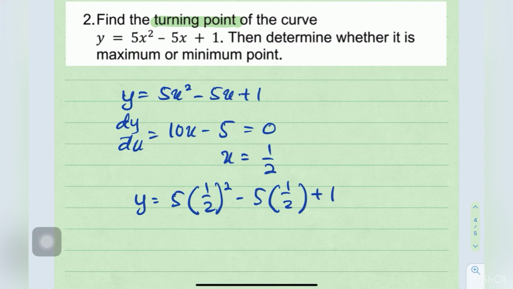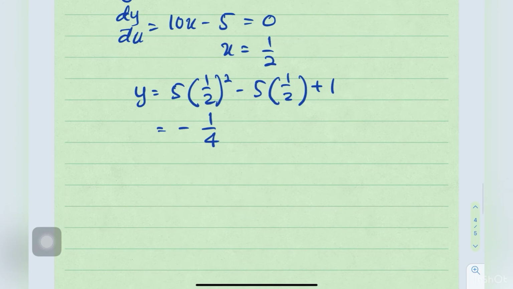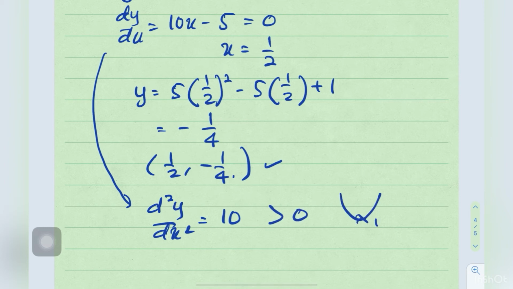The answer is negative 1/4. So the coordinate is (1/2, negative 1/4). To identify whether it is maximum or minimum, we find the second derivative: d²y/dx² is 10. 10 is more than 0, so it is minimum. Therefore (1/2, negative 1/4) is a minimum point.